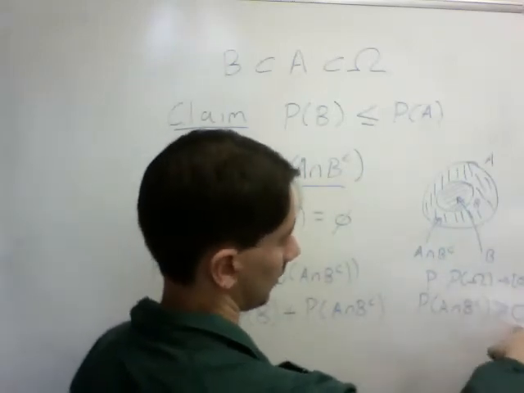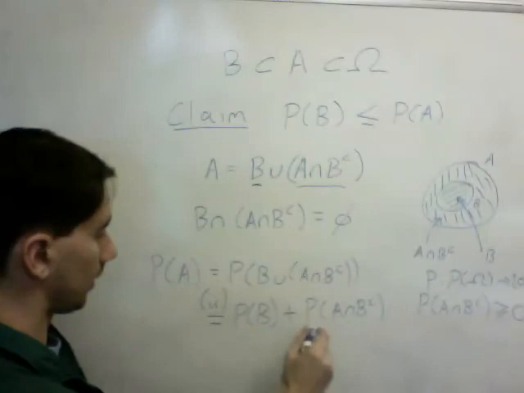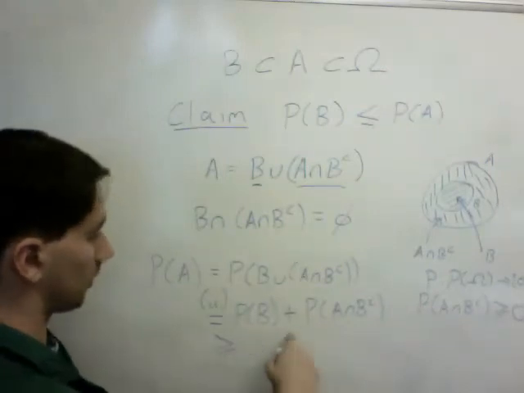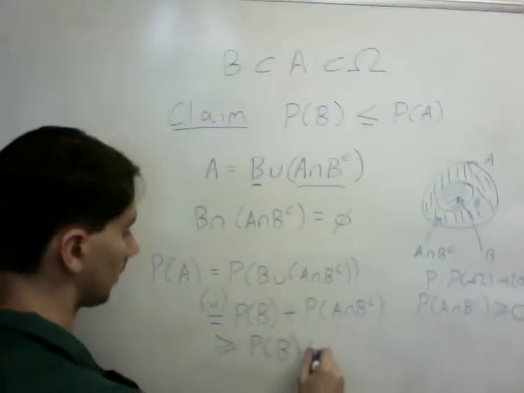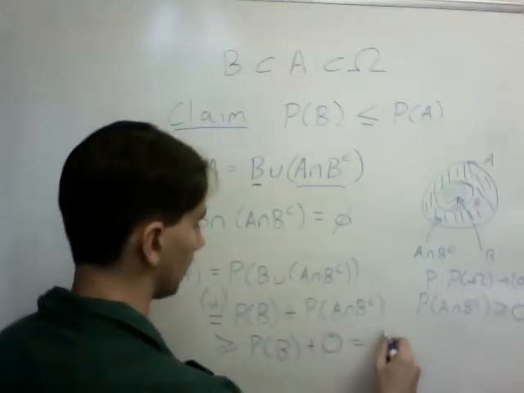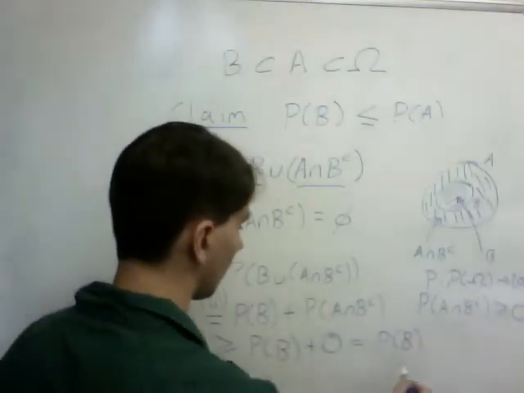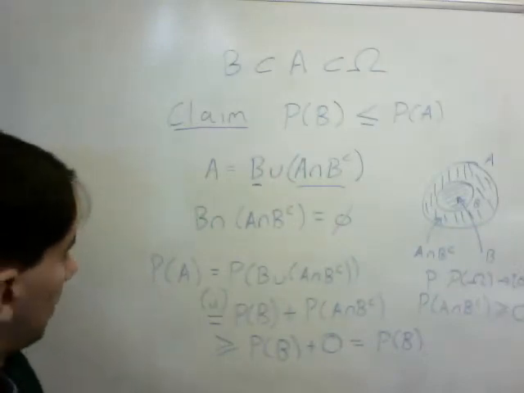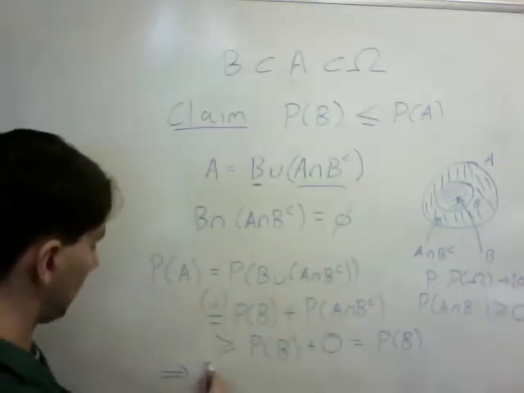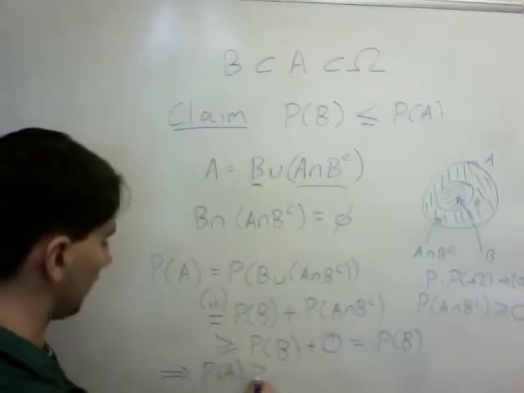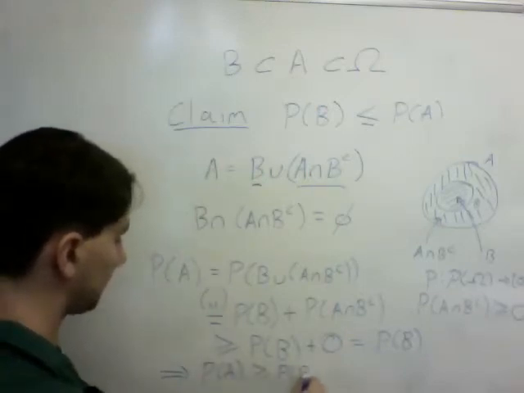All those values are at least as big as 0. So this is bigger than or equal to, we'll just plug in 0 here, P of B plus 0, which equals P of B. That's what we wanted to show. If you put it all together, we have P of A is bigger than or equal to P of B.